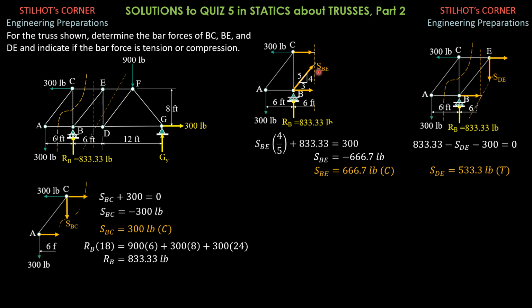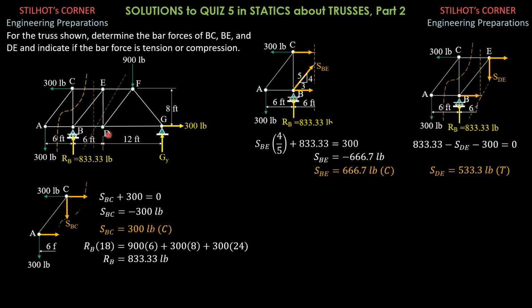The vertical component of SBE is SBE times 4 over 5, then plus 833.33 minus 300 equals 300. So solving for SBE, it is negative 666.7 pounds. The negative sign indicates that it is a compression member. So the final answer for SBE is 666.7 pounds, and it is compression.